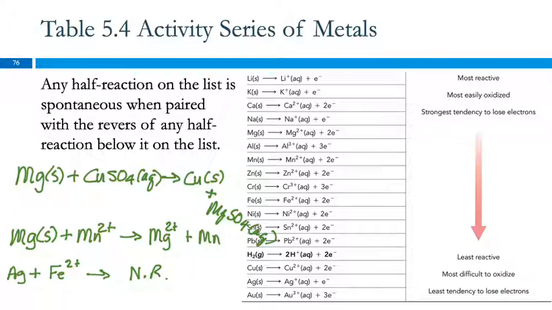So it's the transfer of electrons. In order to become this ion, magnesium has to lose 2 electrons. And in order to go from an ion to an atom, it has to gain 2 electrons. And so it's about which metal is more likely to lose electrons, which is more likely to gain electrons.